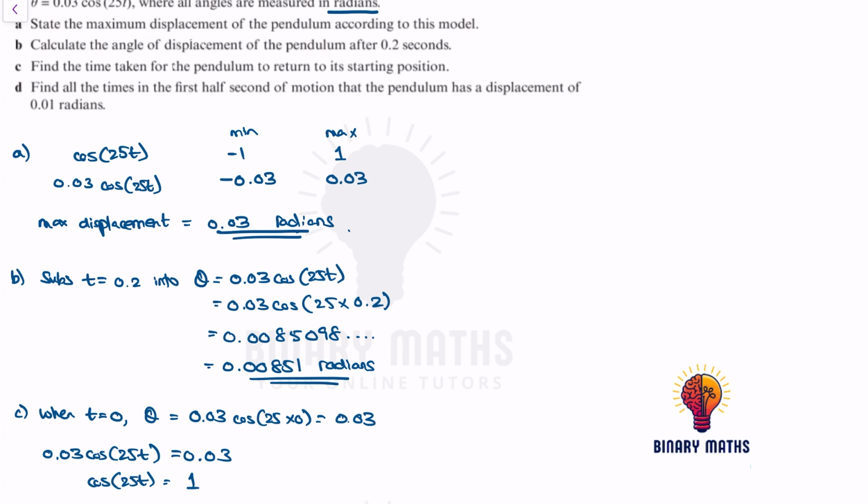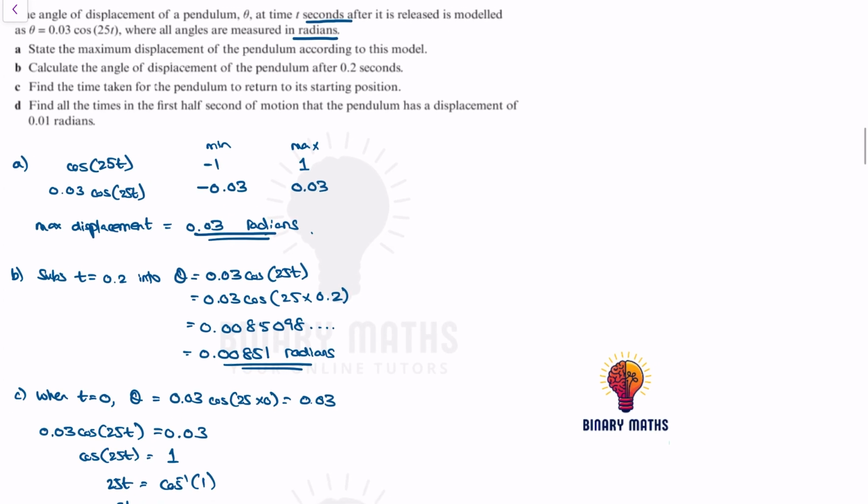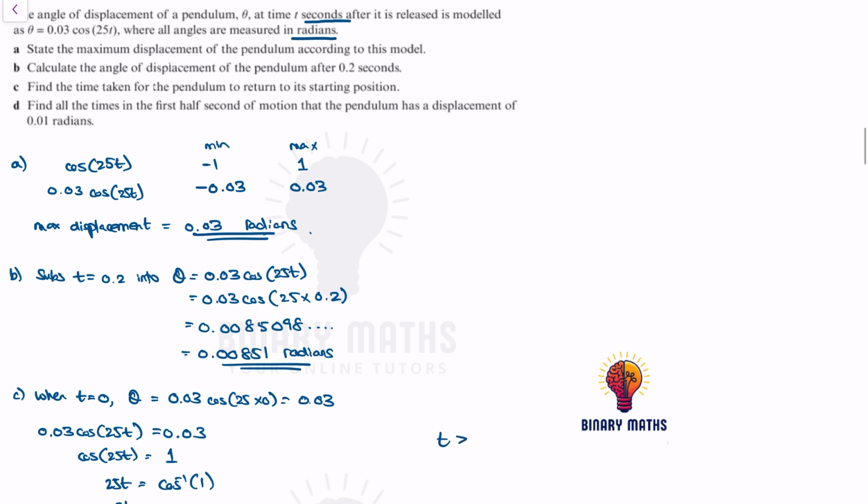It's quite easy, so I won't do the substitution. So 25t will be equal to inverse cos of 1, where t is greater than or equal to 0.